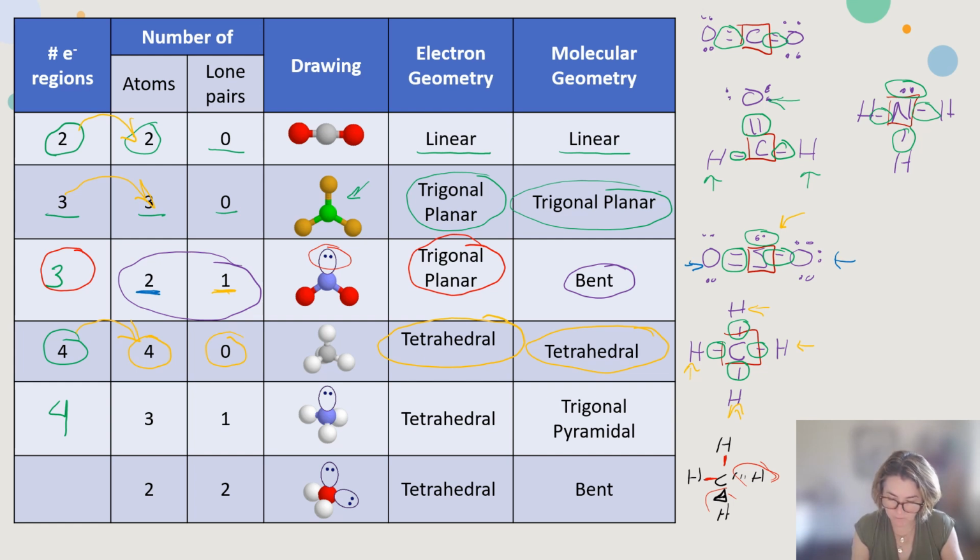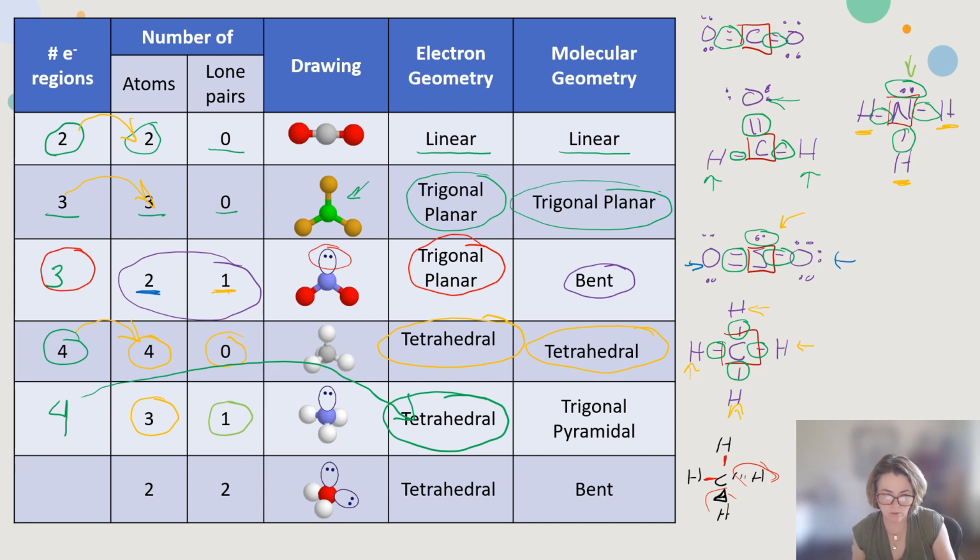I have 3 atoms surrounding that nitrogen, and I have 1 lone pair. Remember that the electron geometry is determined by the number of electron regions. So 4 electron regions means my electron geometry is tetrahedral. 3 atoms, 1 lone pair tells me that the molecular geometry is going to be trigonal pyramidal.